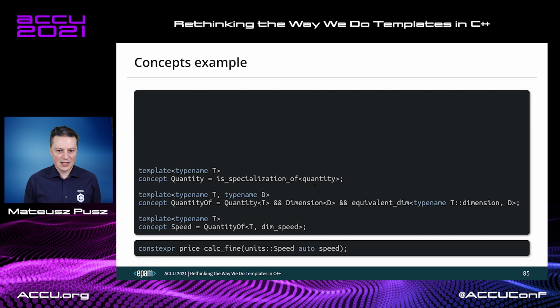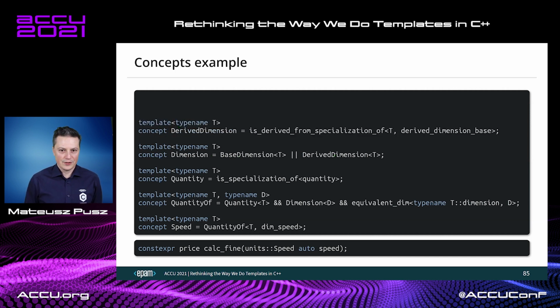And quantity is a specialization of quantity, so exactly the type trait we spoke about. Dimension is either a base dimension or a derived dimension. Derived dimension is again derived from a specialization of some class template, and base dimension is derived from another class template. Because I want to have strong types here, that's why these are derived, not just a specialization of, right?